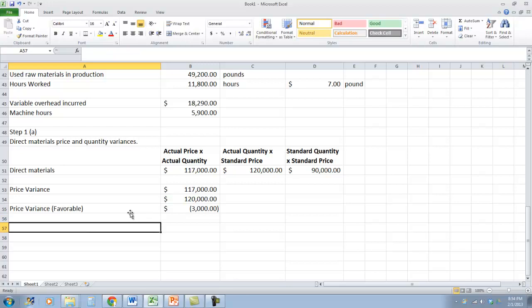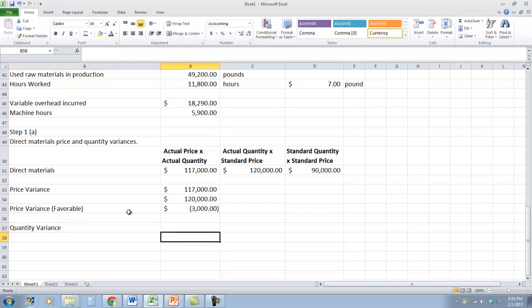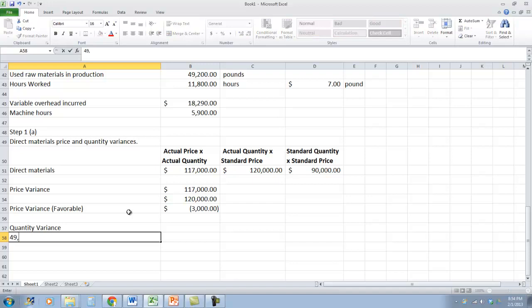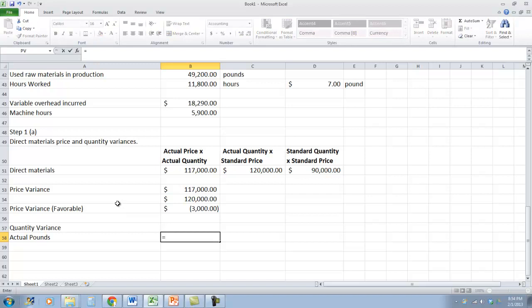All right. Now, to determine if we had a quantity variance, we had 49,200 pounds, right? Actual pounds, right here.